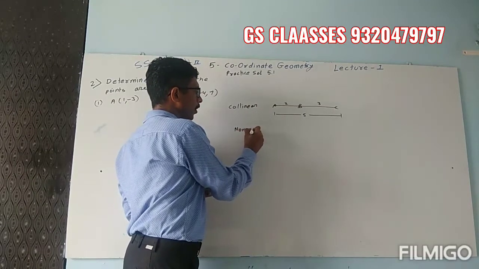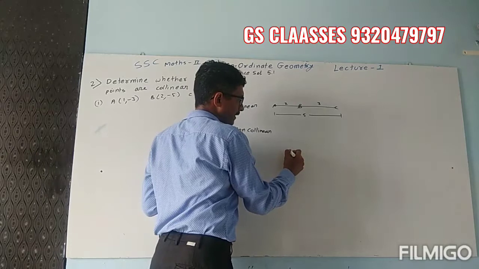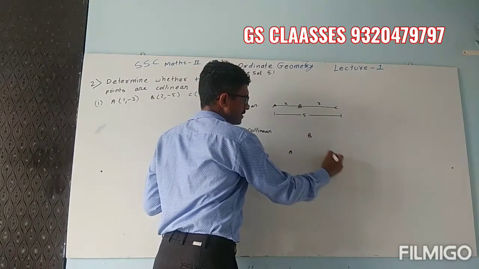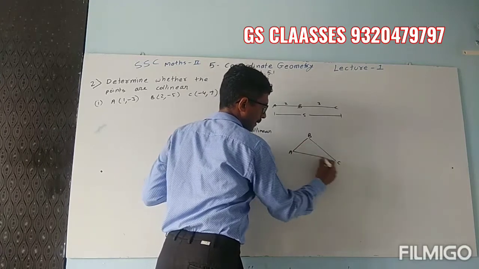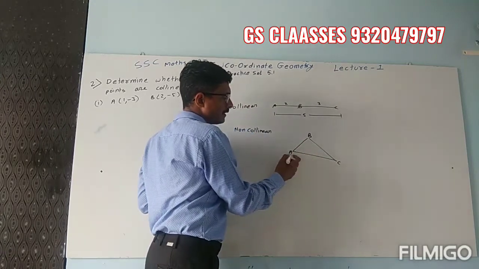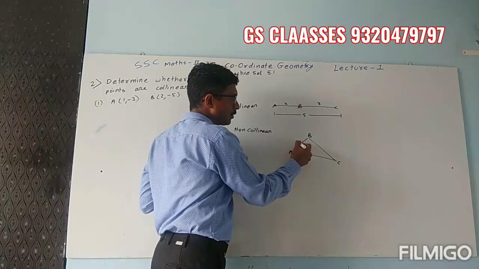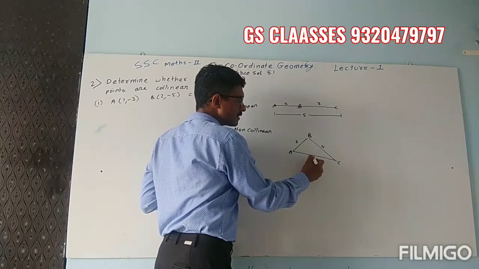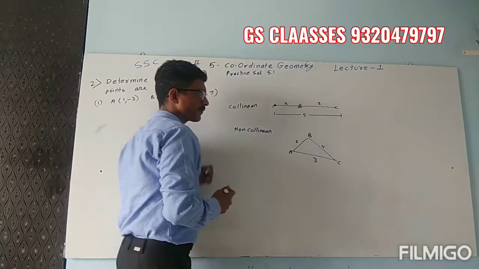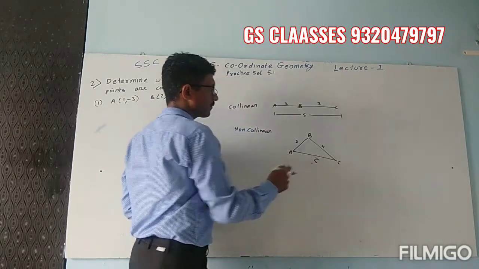Now talk about the non-collinear points. If suppose point A is here, point B is here and point C is here. In such a case, if this distance is 2, this distance is say 4, this distance is 3, or just I will say this distance is 5.